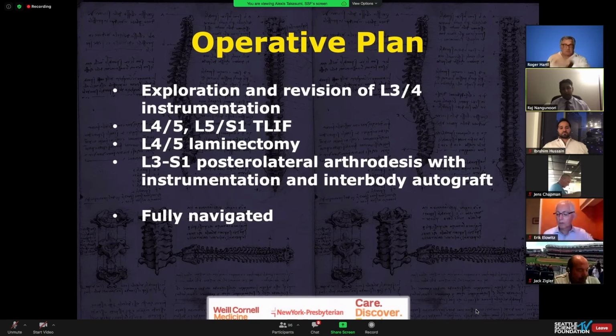You can do a nice over-the-top decompression to decompress bilateral lateral recess regions. And we instrumented from L3 to S1 with total 3D navigation.